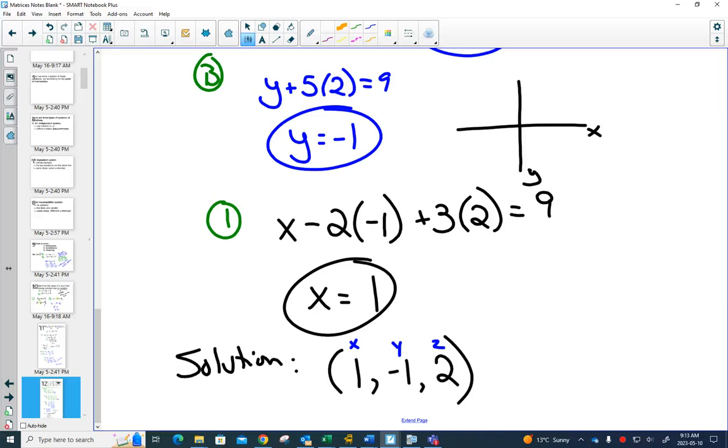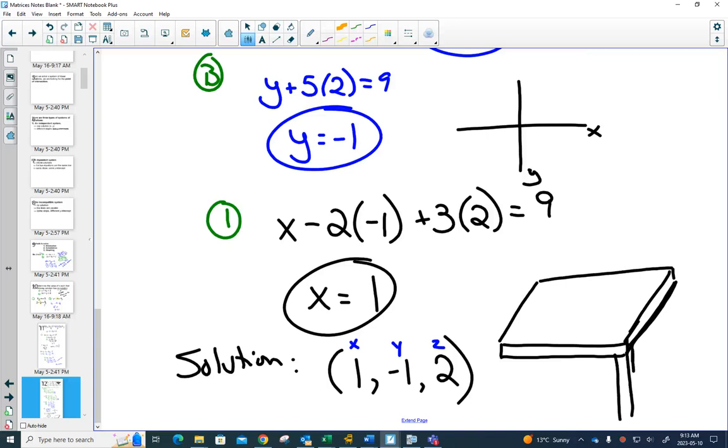How do you draw a 3-dimensional picture? I'm imagining taking that piece of paper and putting it on this table.